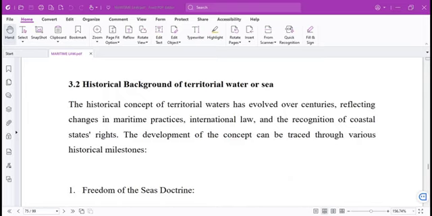Now we have come to the historical background of territorial water or sea.